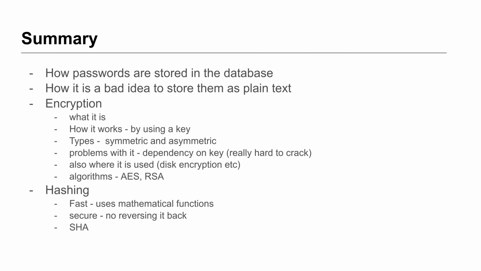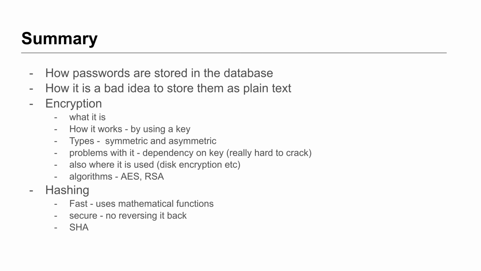So what did we learn today? We learned about how passwords are stored in the database. Great. We learned why it's a bad idea to store them as plain text, because if the database is compromised, you lose all user data and then they will come behind you. Encryption. Then we learned what is encryption, how it works. It uses a key to convert the meaningful text into not so meaningful text.